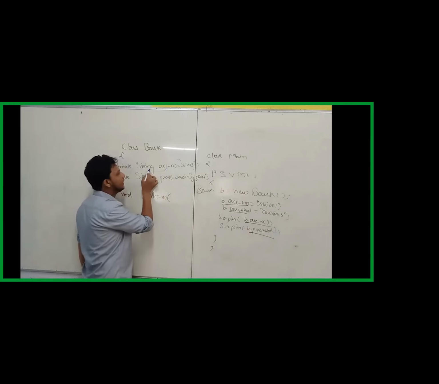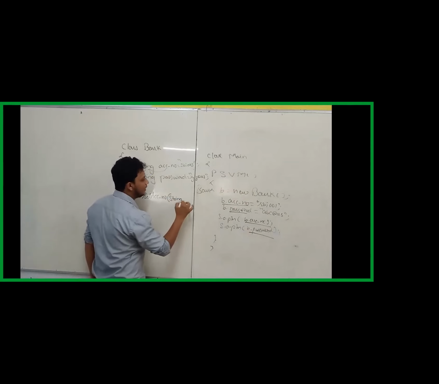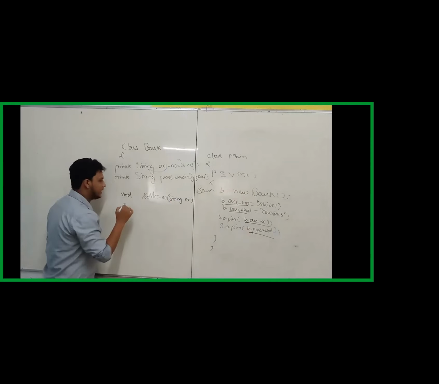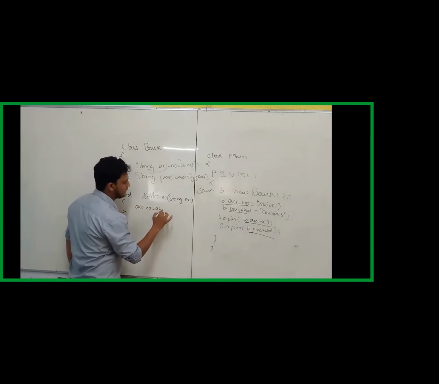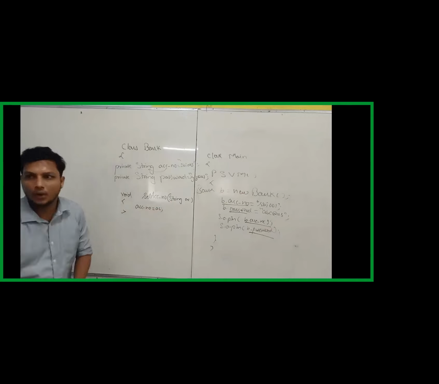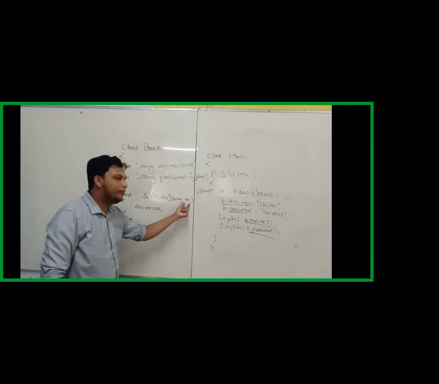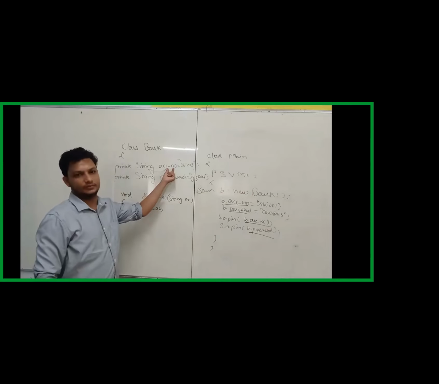Account number is of type what? String. Then I'll say String AC, some variable I have taken. Now I'll write here accountNumber is equal to AC. That's it. Whenever I call this particular method, I'll pass some data. The data I'll collect and I'll store inside this.